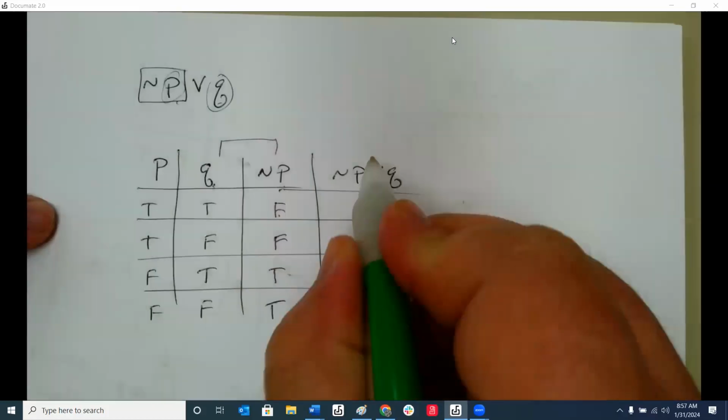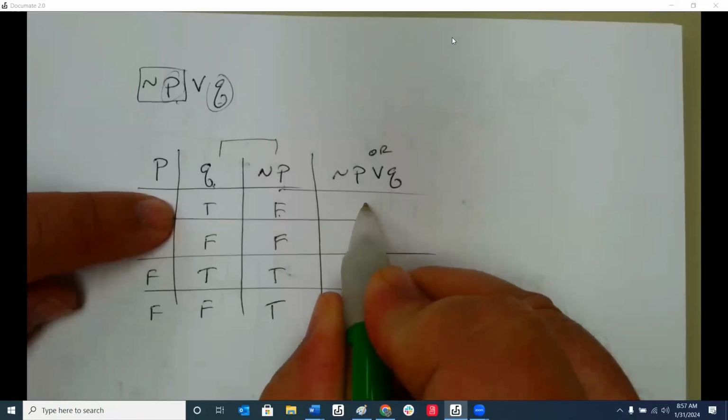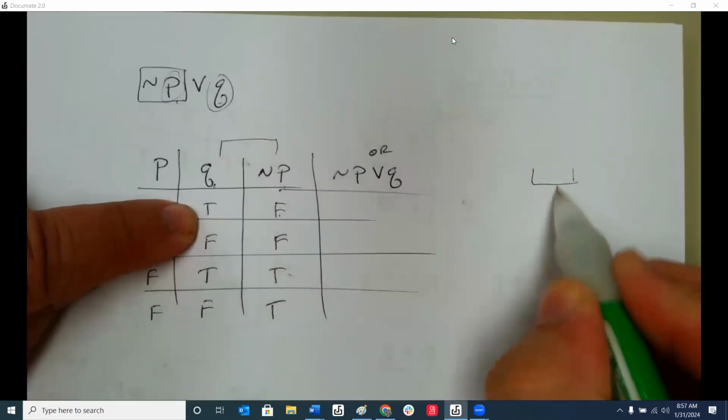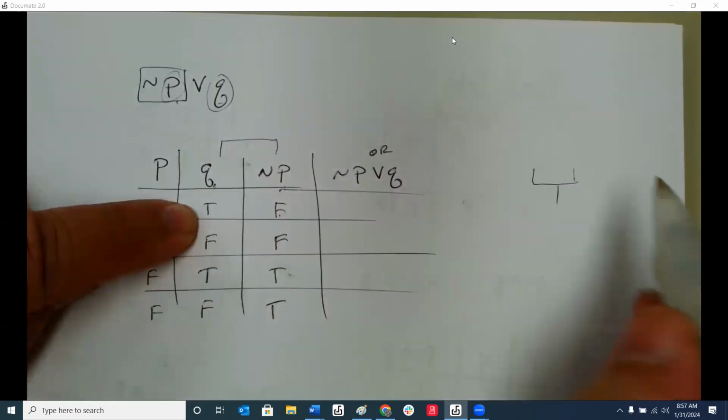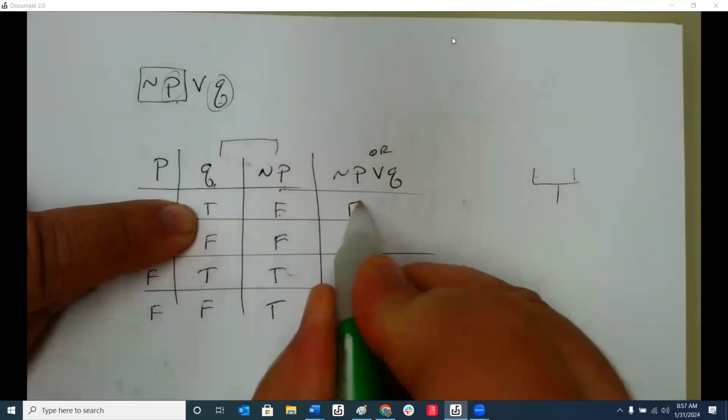False or true? Is it what was here? False or true? Think of the pipes. If one of them's open, what happens? It goes true.